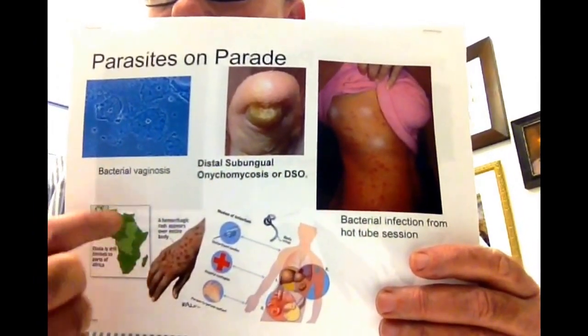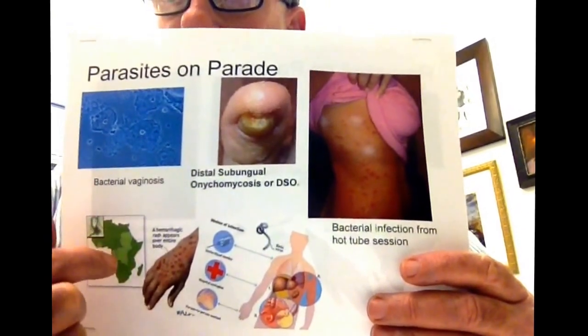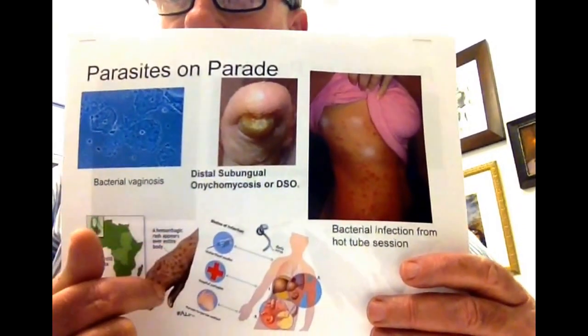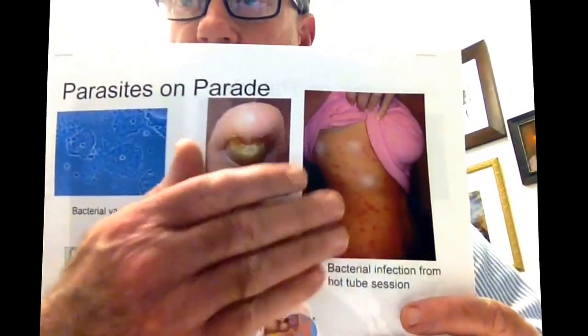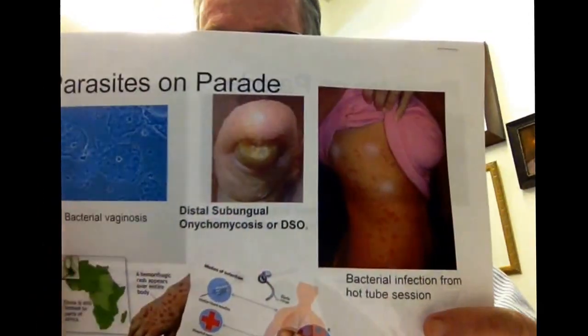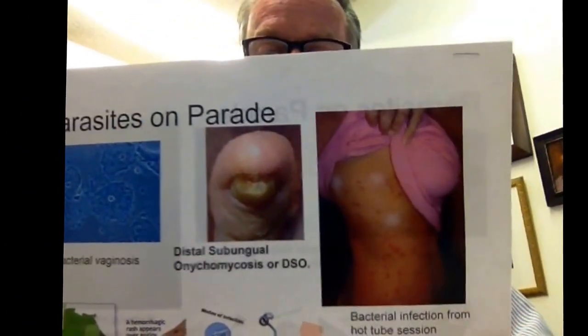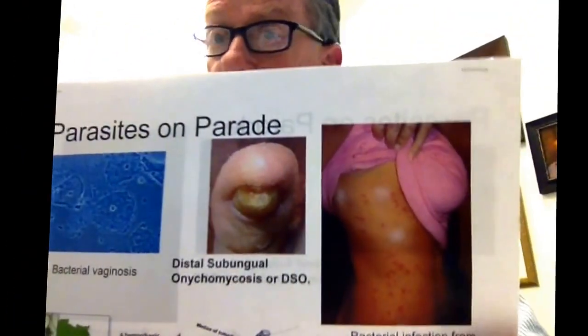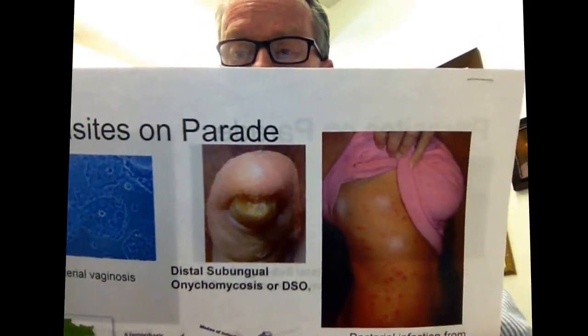These are the parts in the world where this particular parasite is prevalent. Here are some of the symptoms of this. This is a person who did hot tubbing and the parasite bored underneath the skin. Doesn't sound very pleasing, but parasites would love to use our bodies for host, and there's a whole raft of these.